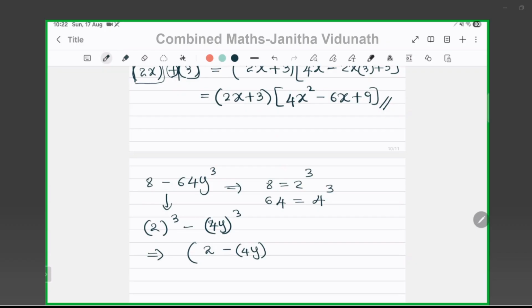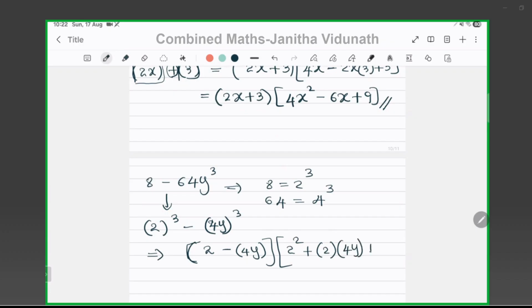I will give another way to factorize this. Like this, now we get first term minus second term, times the square of the first term, 2 square. Then we get the opposite sign. Then we get the first term and the second term.